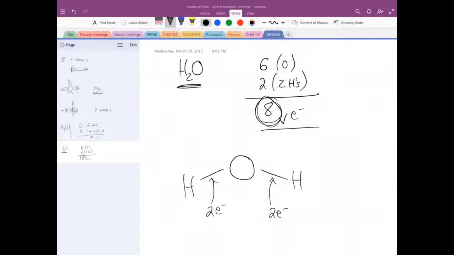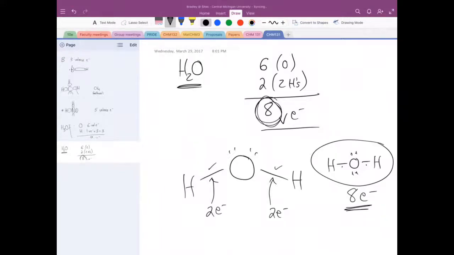So we have 1, 2, 3, 4, 5, 6, 7, 8. This is the Lewis structure for water. Now we have placed 8 electrons in total. I guess I shouldn't put these dots in a way that confuses with additional ones. There we go.